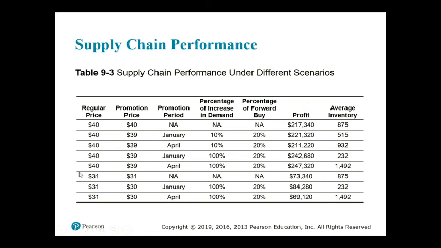Right, so when price is $31, what do you expect the optimal strategy will be? High period.